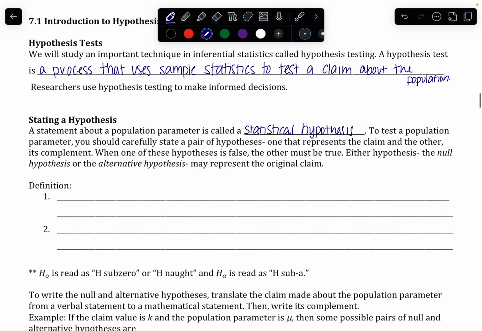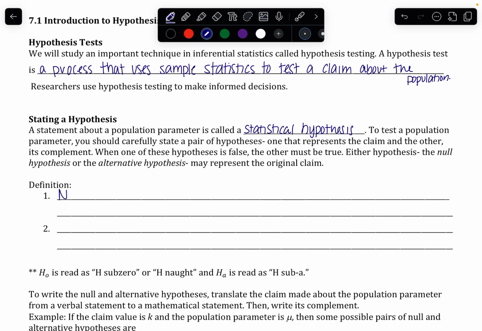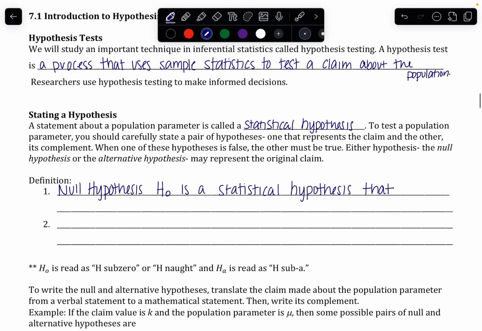So our definitions. The first one we have is a null hypothesis. We're going to use a capital H with a subscript of an O. It is a statistical hypothesis that contains a statement of equality.